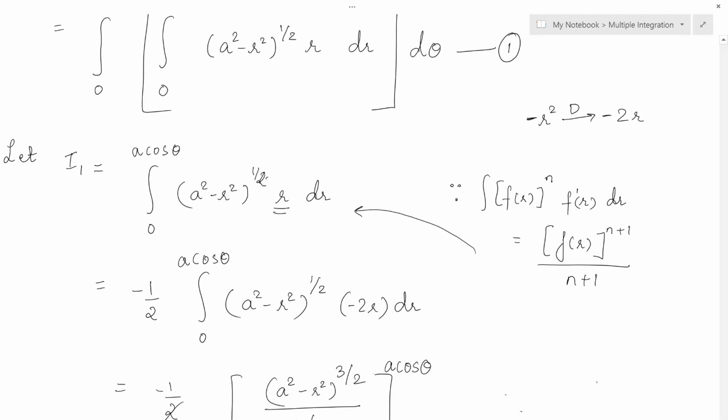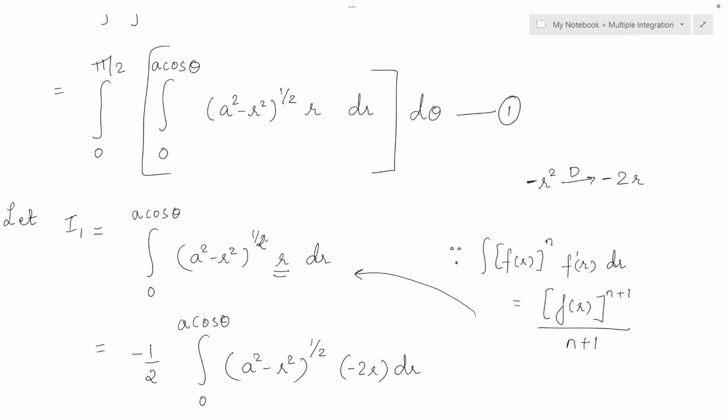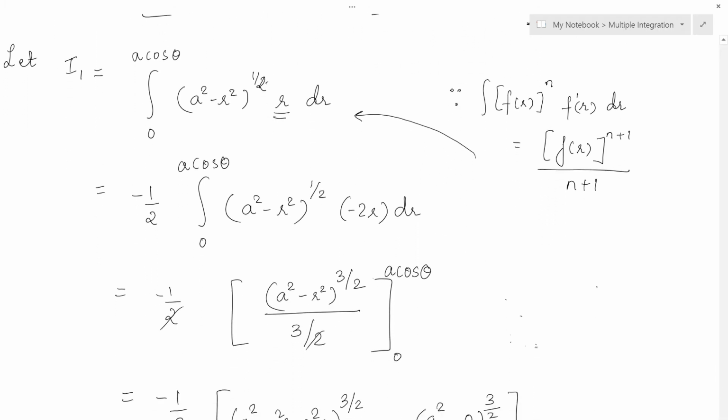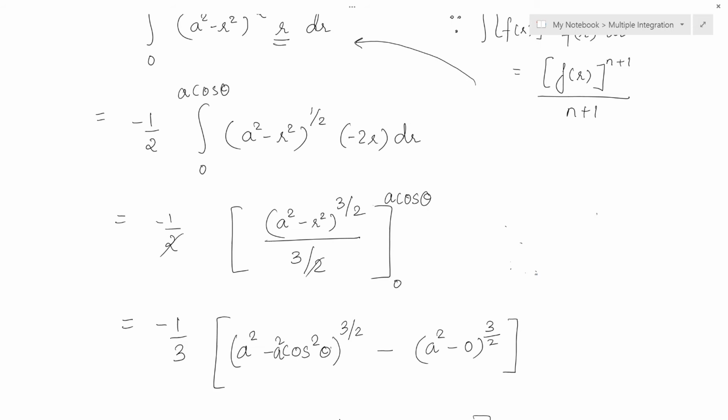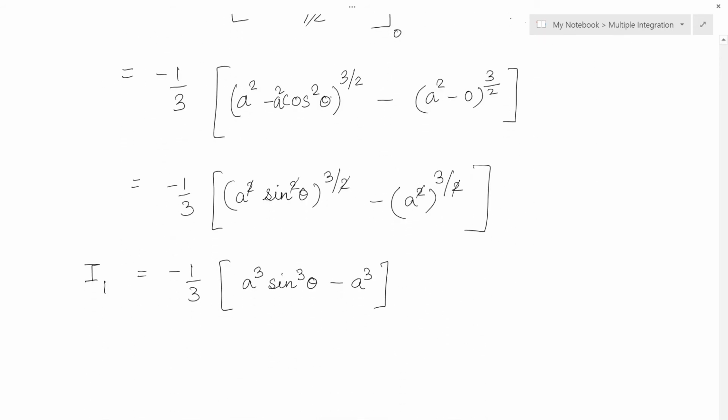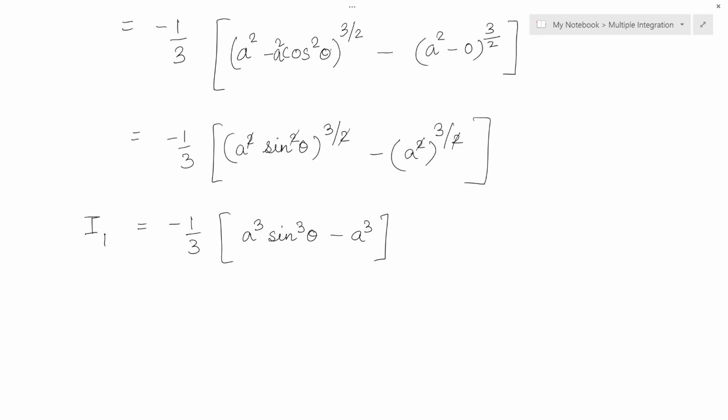First, the limits of integration were 0 to a cos theta. I used the formula. I made a small adjustment. I multiplied and divided by minus 2 and then we integrated. I substituted the limits. Wherever I had r, I substituted the upper and lower limits and I got this as the answer for I1. Now I will substitute this in equation 1.